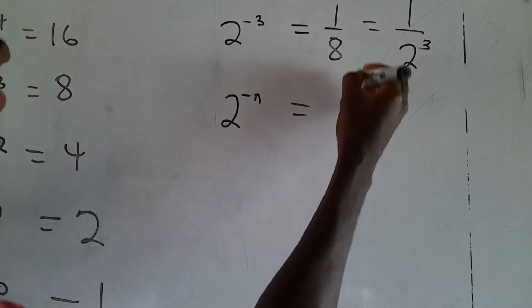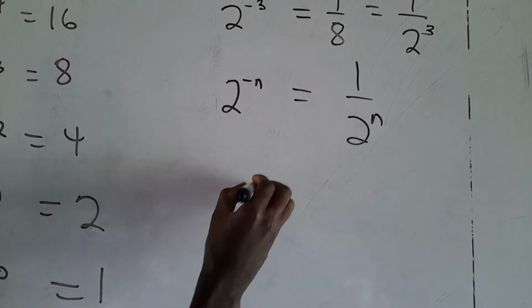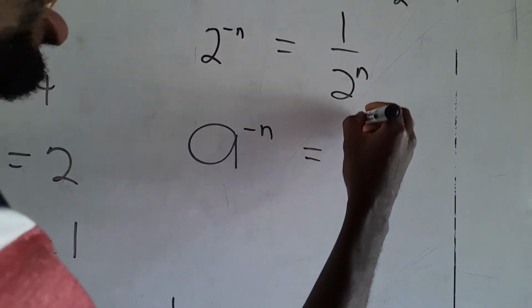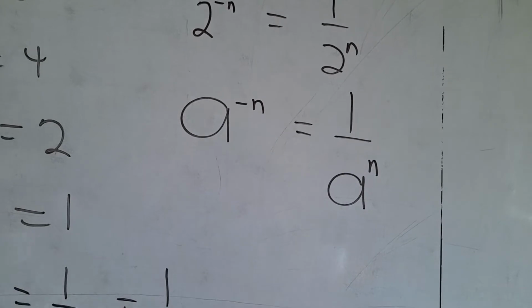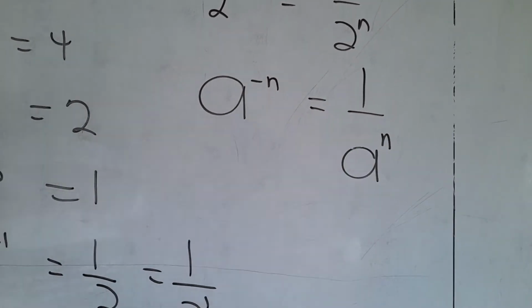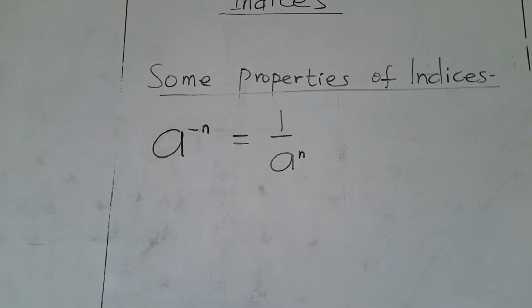It will be equal to just 1 over 2 exponent n. So I can conclude that a exponent negative n is equal to nothing but 1 over a exponent n. I hope you get that. Please take notice of it. This is another property that will be very necessary in this our indices journey.